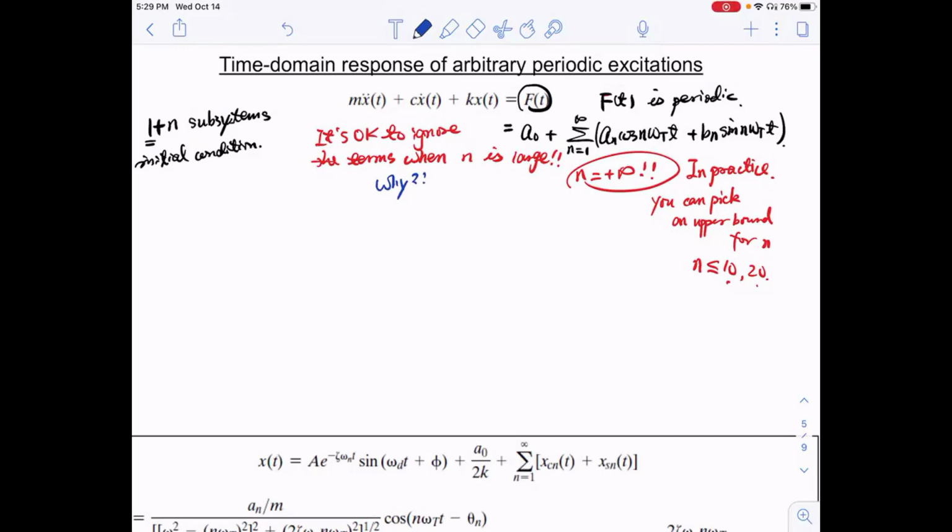So there are two reasons. The first reason is your AN and BN become very small when n is large.